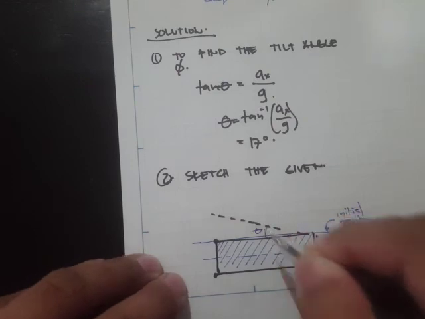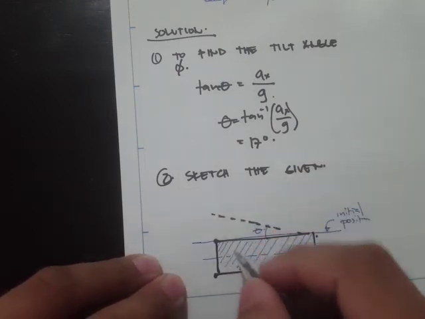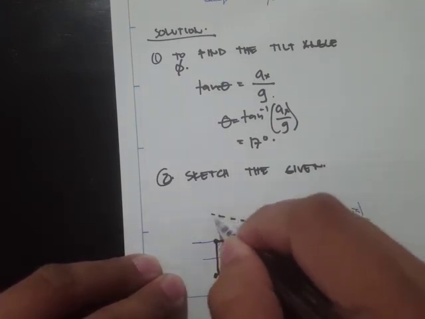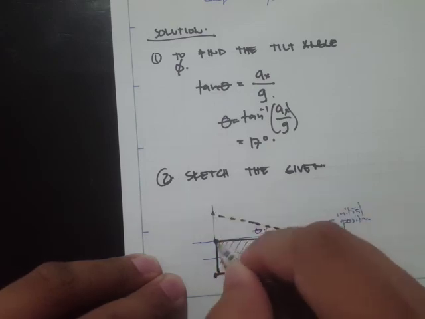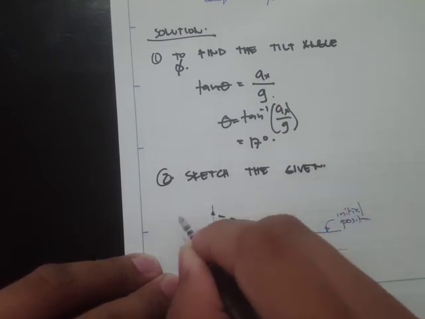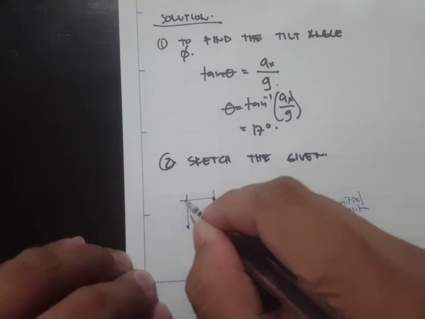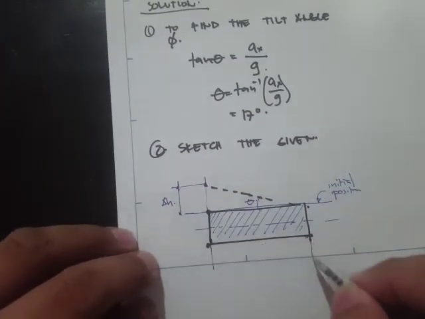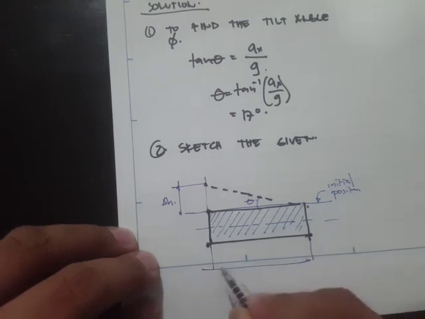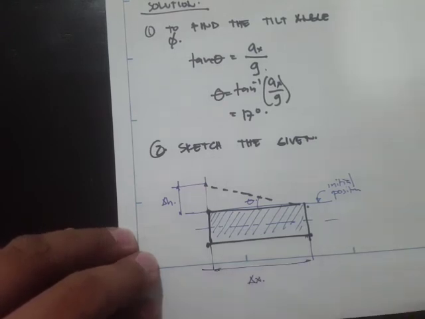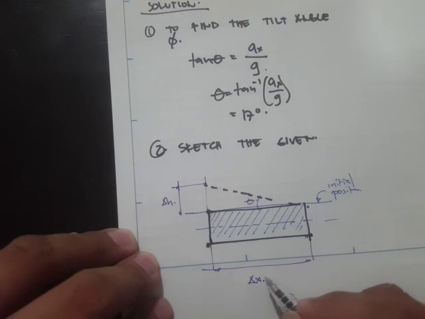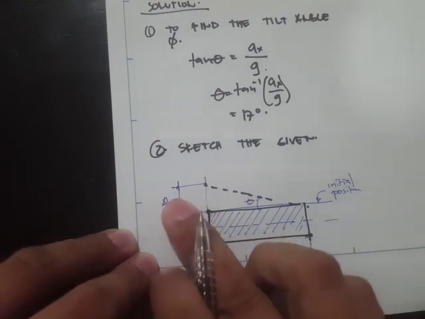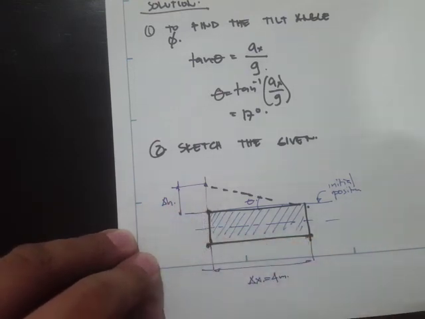This is our theta, then from this point to this one this will be our delta H, and this one is our delta X. We have delta X as 4 meters, and delta H is the unknown.